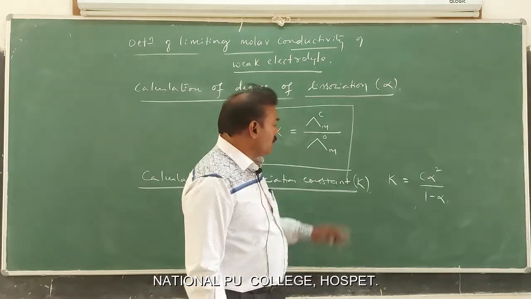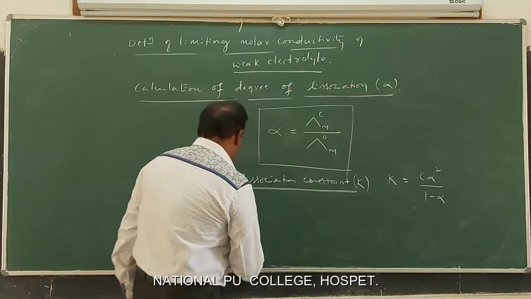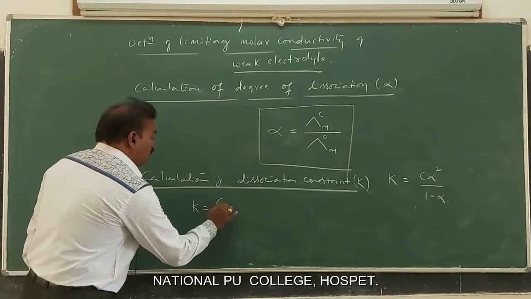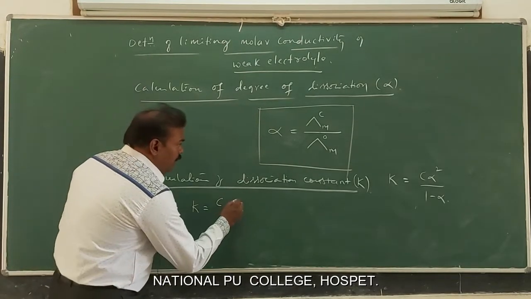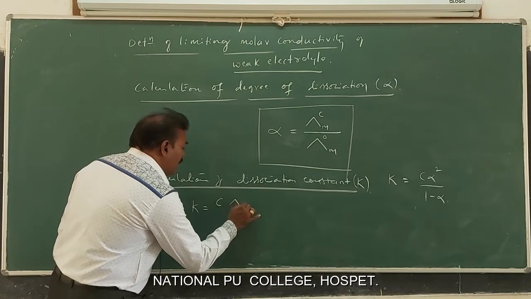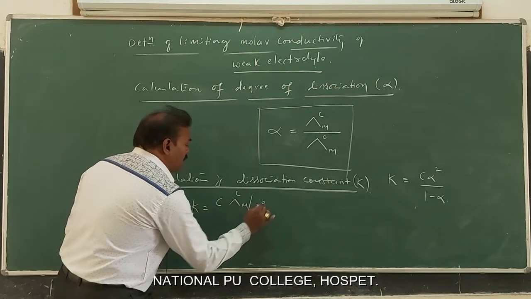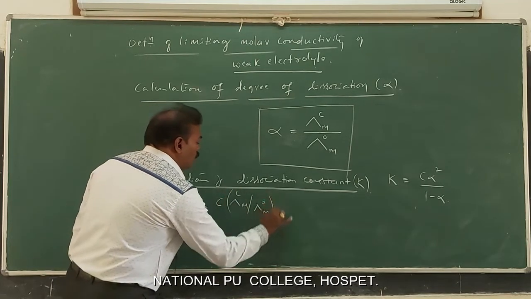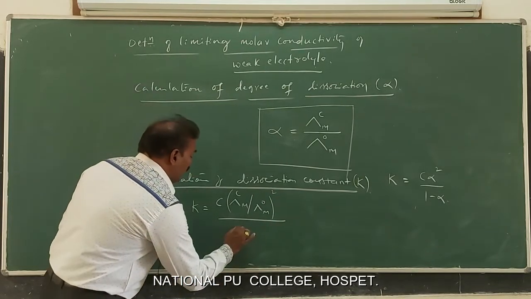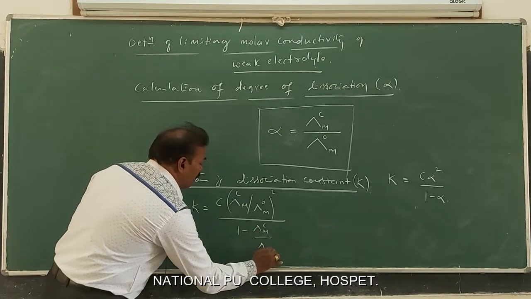Now you substitute the value of alpha in this relation. K is equal to C into lambda m c divided by lambda m naught, whole square, divided by 1 minus lambda m c divided by lambda m naught.